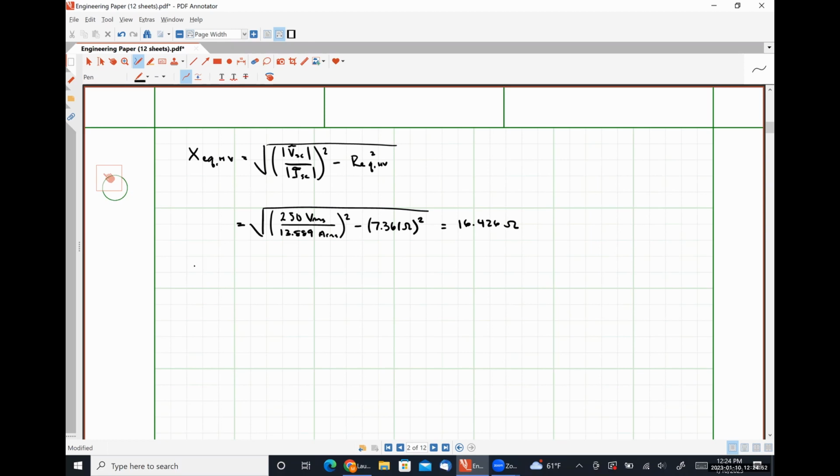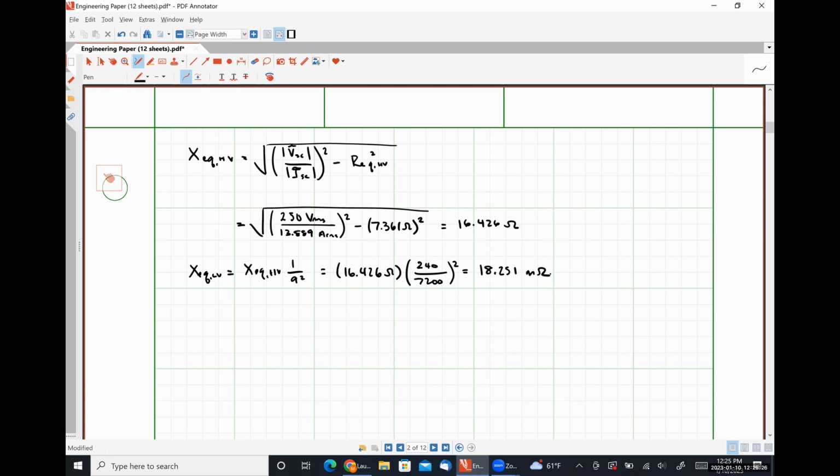And then referring that to the low voltage side is going to be XEQ high voltage times 1 over a squared, or 16.426 ohms times that same factor, 240 over 7,200 quantity squared, which gives me 18.251 milliohms.